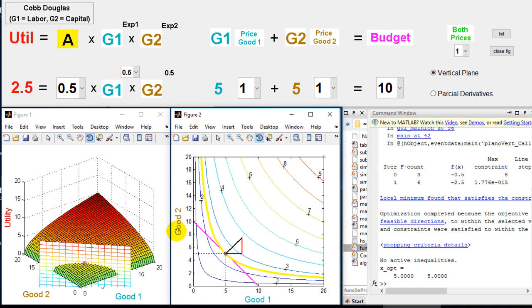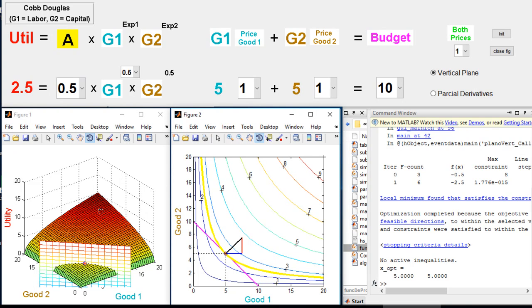Now if we duplicate the value of A, then the maximum utility is going to be 5, and this yellow line will be not between 2 and 3, but between 4 and 6, double.